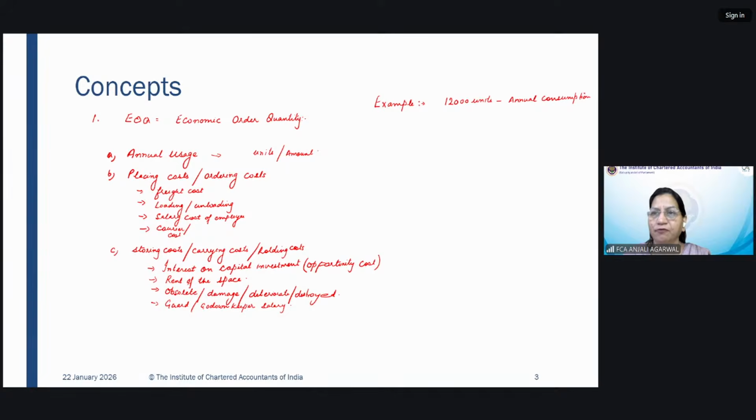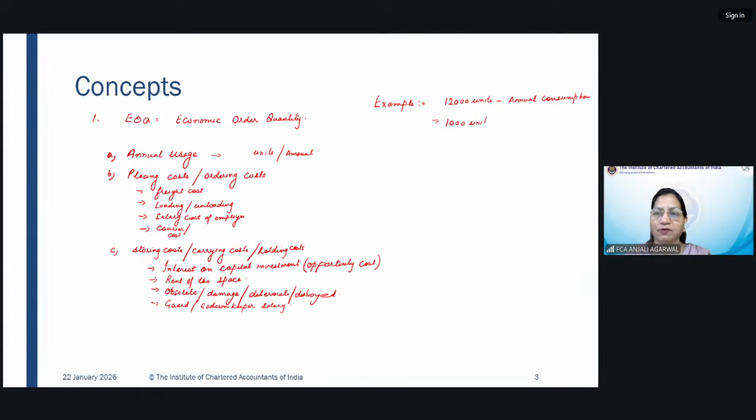What is the option for me? How many units can I order? There are multiple options here. For example, you place an order for 1,000 units per month.